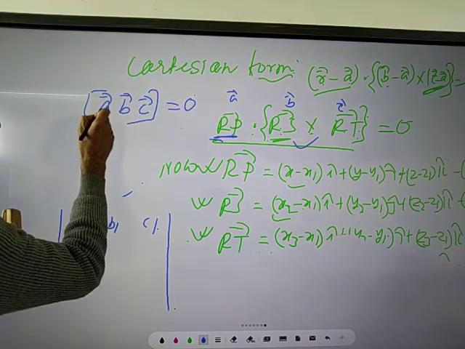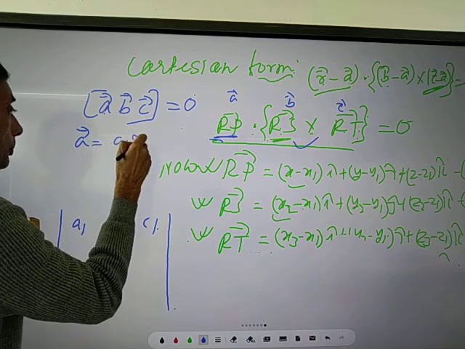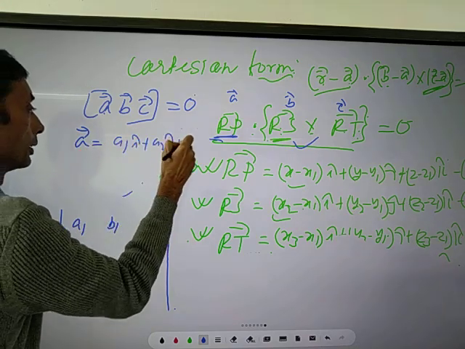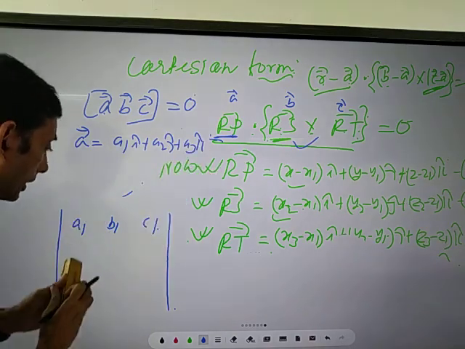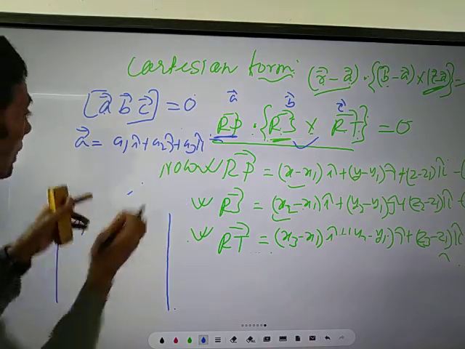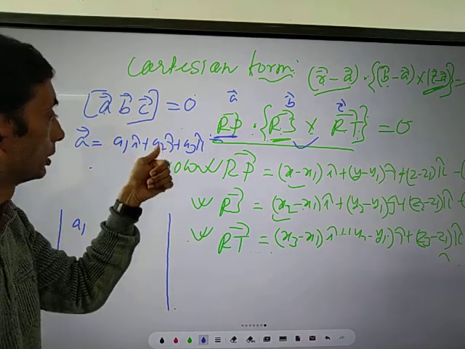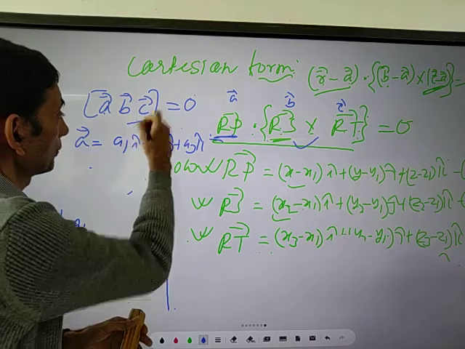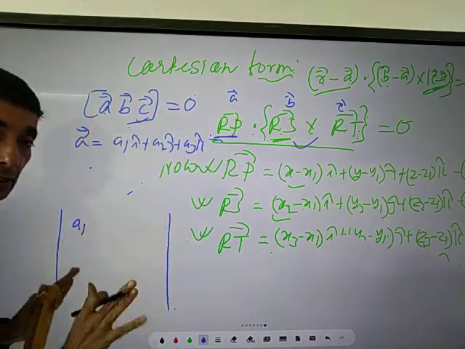And if the components of a are a1 i cap, a2 j cap, a3 k cap, and similarly you express b in the form of b1 i cap, b2 j cap, b3 k cap, and similarly for c, then this scalar triple product can be expressed in terms of the determinant.